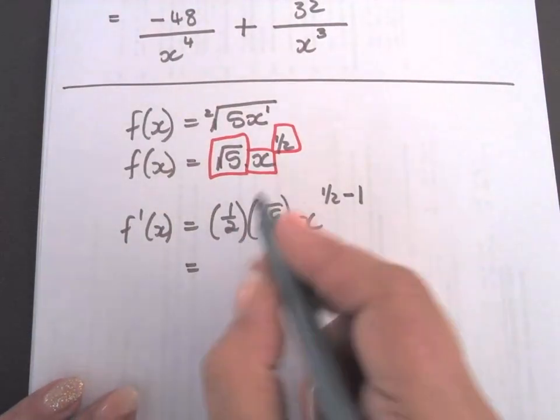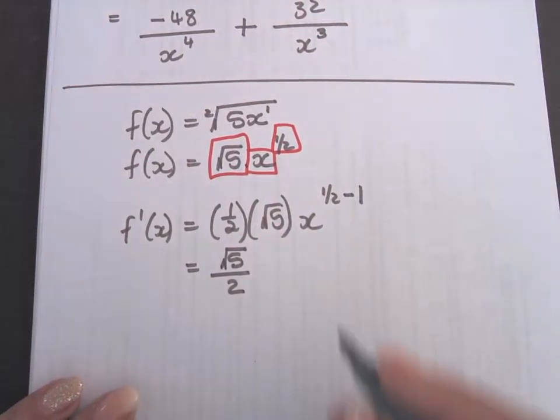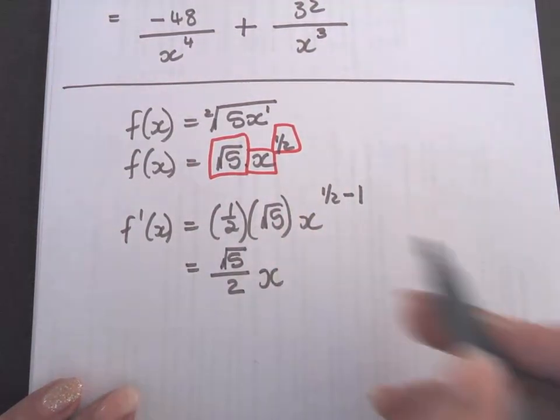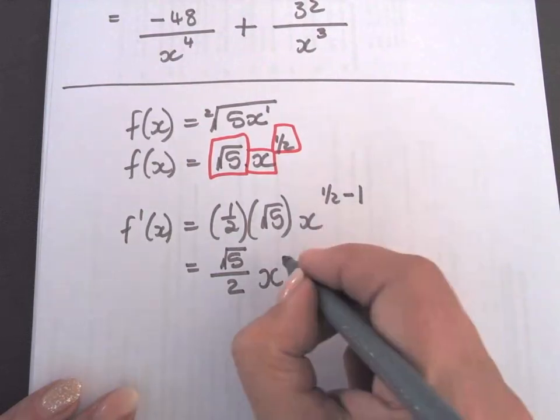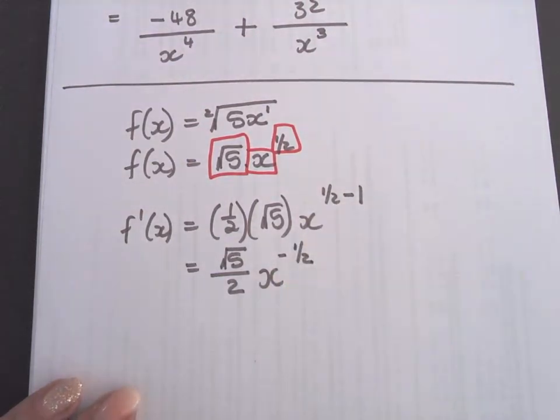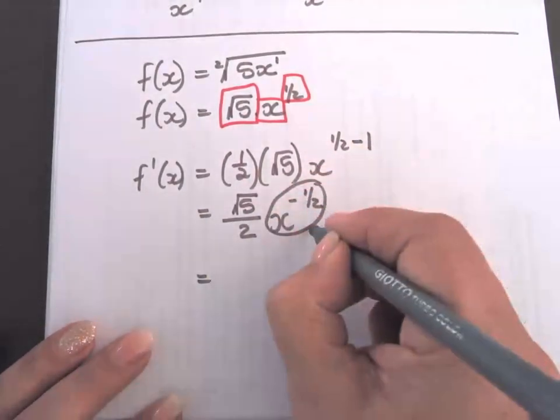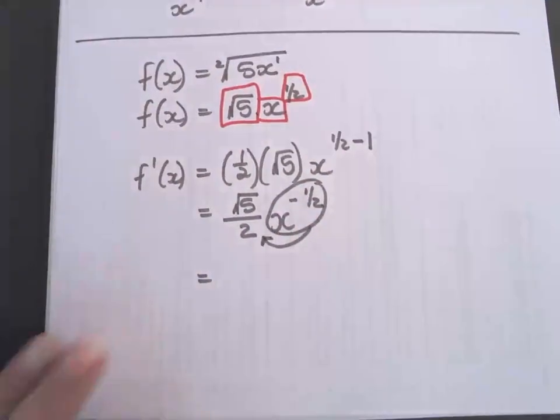Okay. Square root 5 times a half is square root 5 over 2 times x. A half minus 1 is negative a half. Can I leave it like that? No. So this must go down next to the 2.